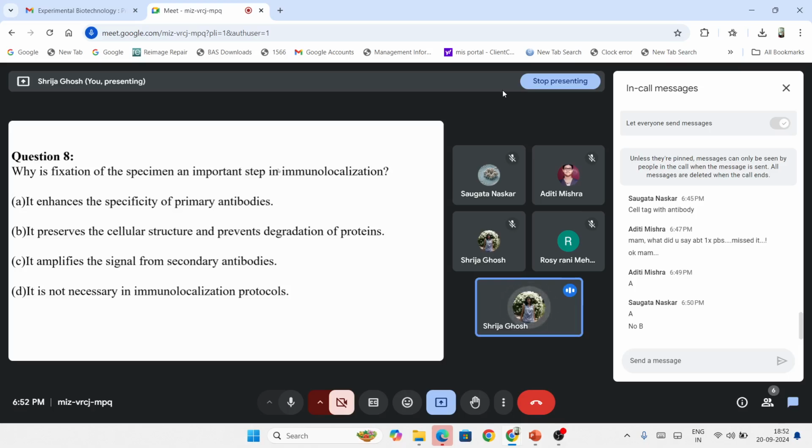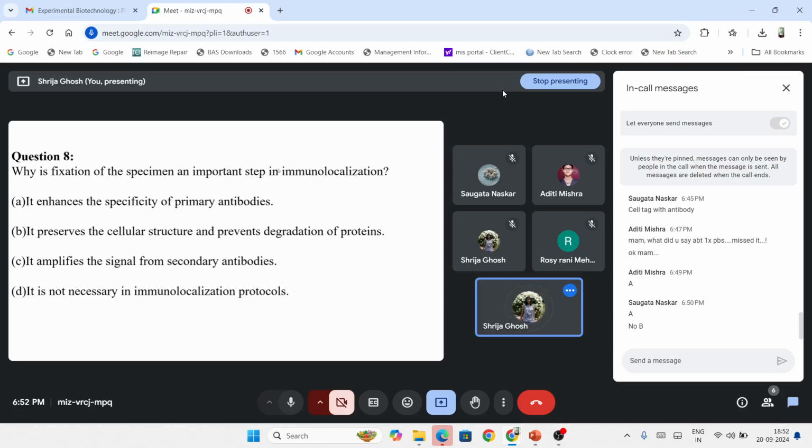It also prevents protein degradation because the reagents that we use for fixation cross-link with the proteins. So you have immobilized everything. It's not moving now, so nothing is going to degrade. There's no movement happening anyway, so there's no point of degradation.